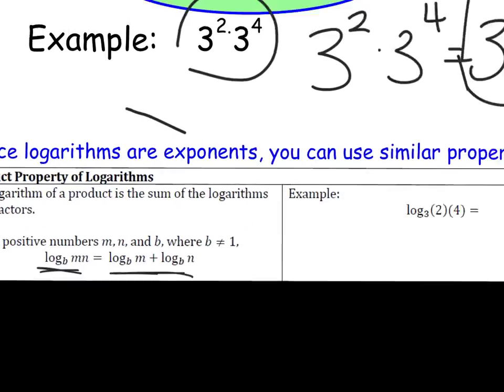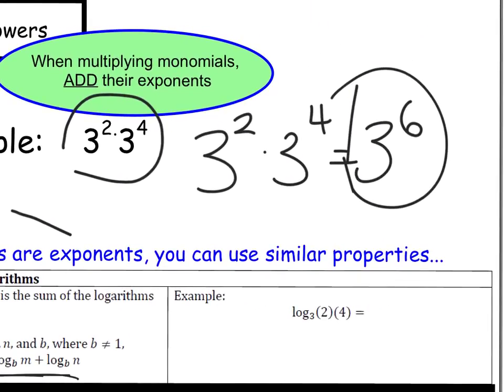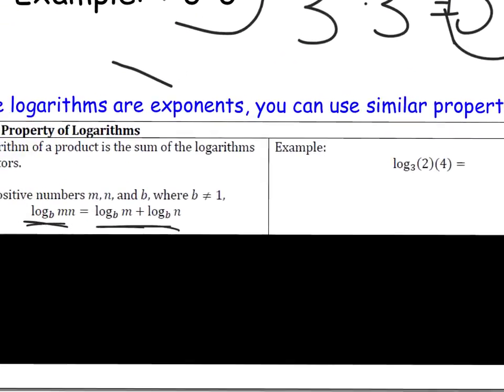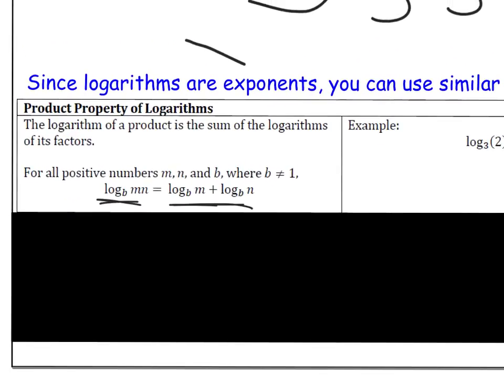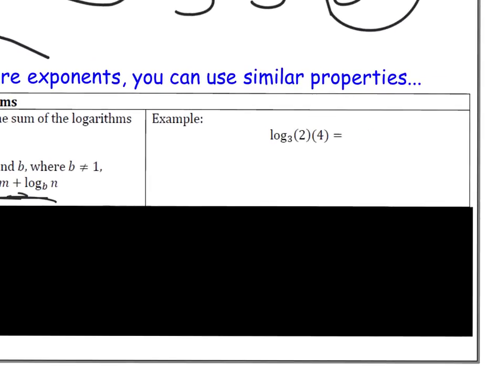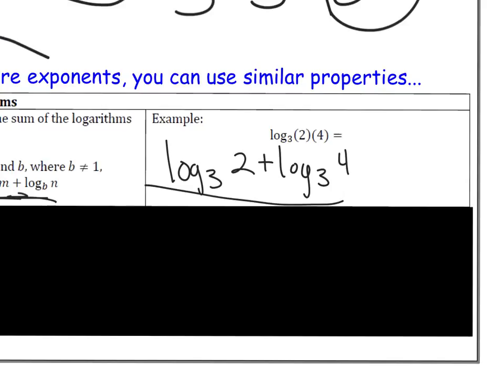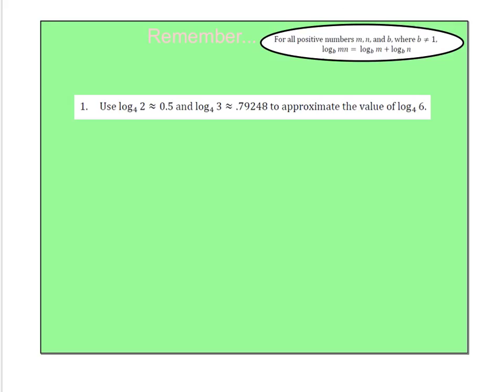Just like up here, this would be like 2 plus 4. Logarithms are an exponent, so if it's multiplied, I can add. So this could be rewritten as log base 3 of 2 plus log base 3 of 4. So if it's two things multiplied, you can rewrite it with addition.